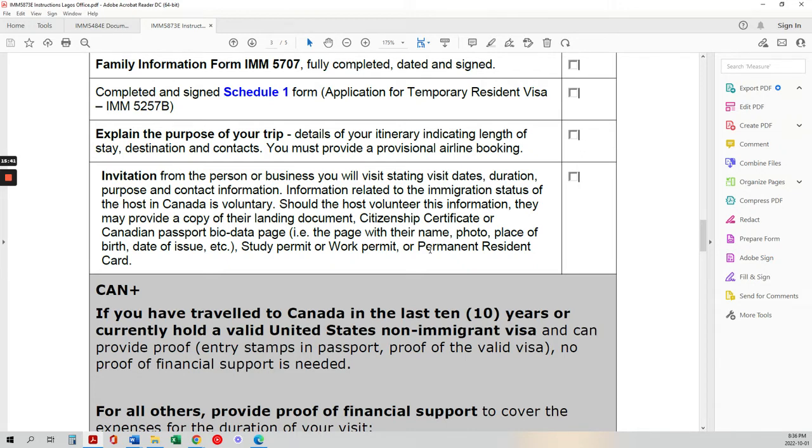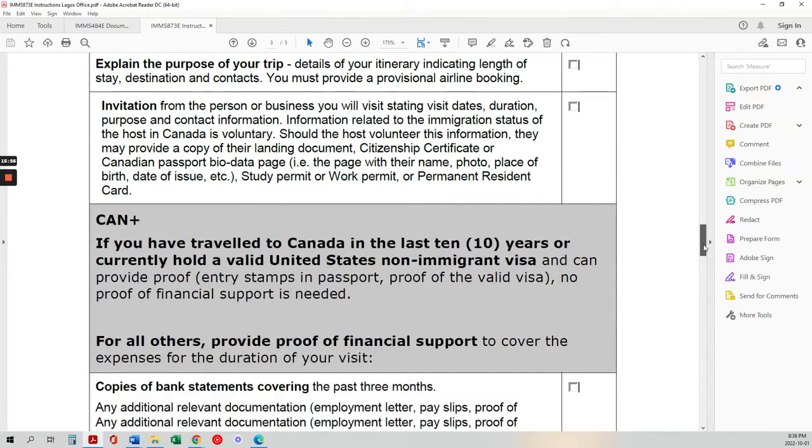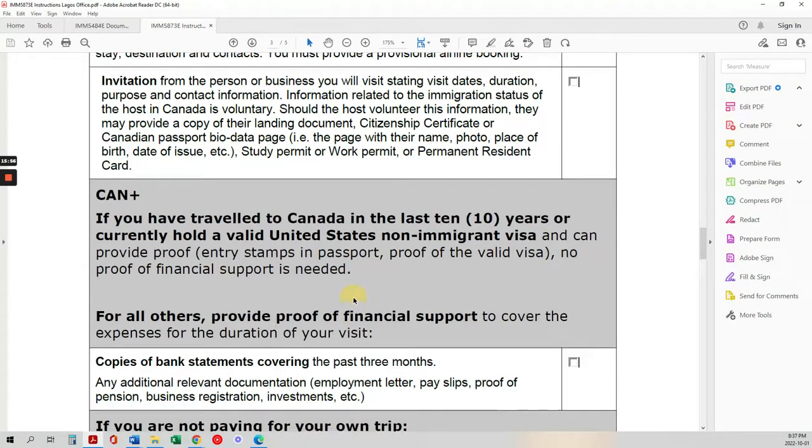Okay. Now, this is a nice bonus. If you have traveled to Canada in the last 10 years or currently hold a valid U.S. non-immigrant visa and can provide proof, entry stamps in your passport, proof of the valid visa, no proof of financial support is needed. Okay?